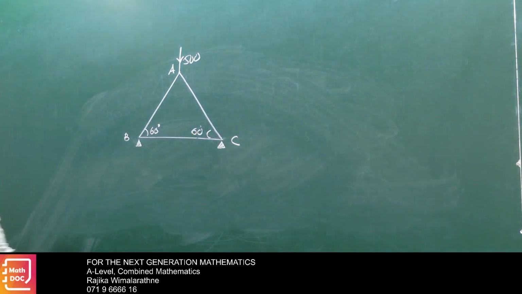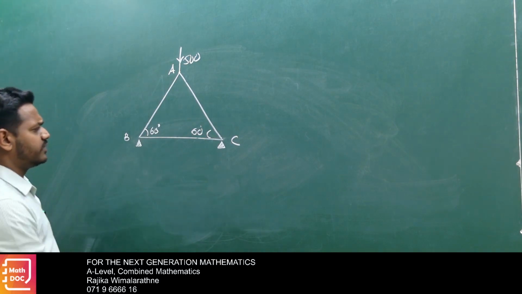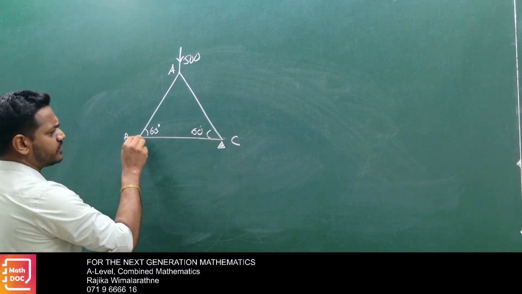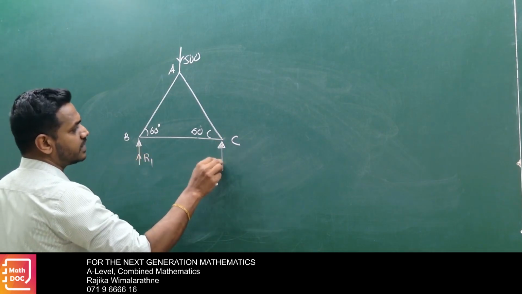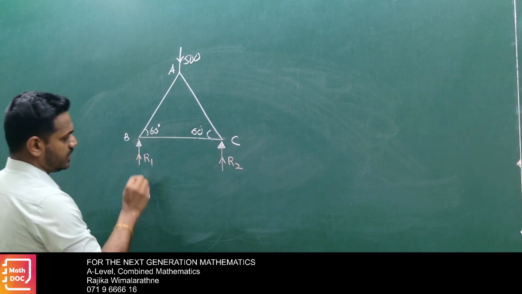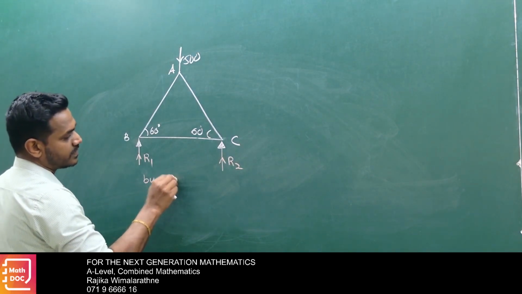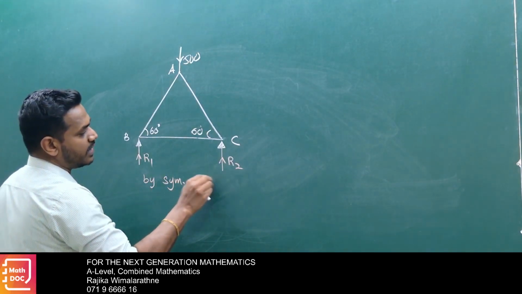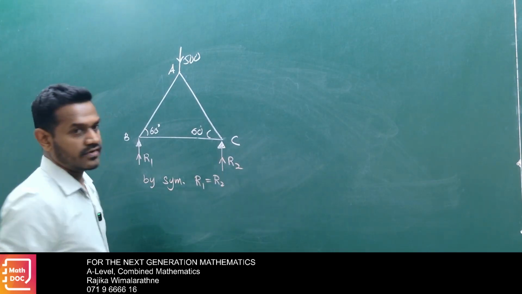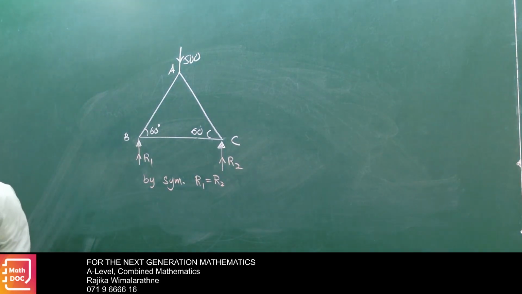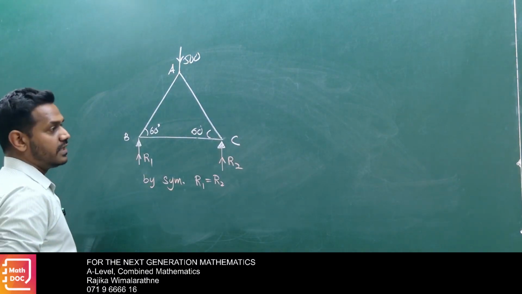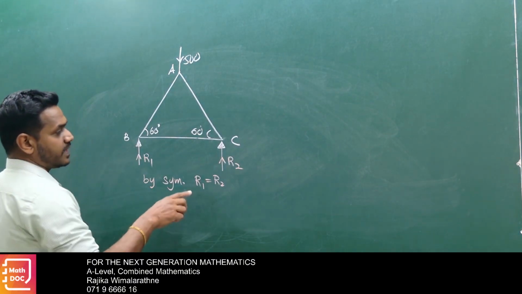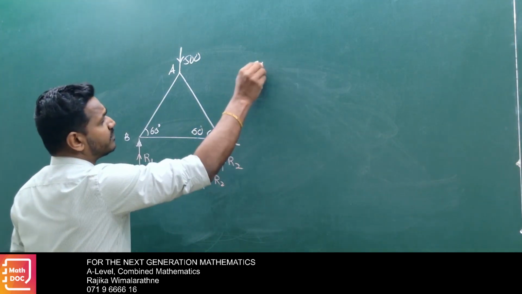Then you mark all the forces now. There are two supports, so there will be reactions R1, R2. By symmetry R1 equals R2. Now consider the full system.